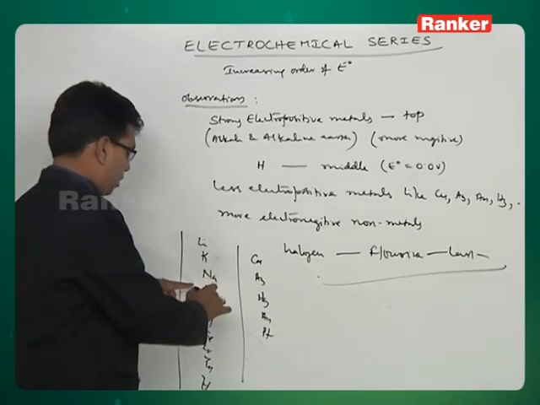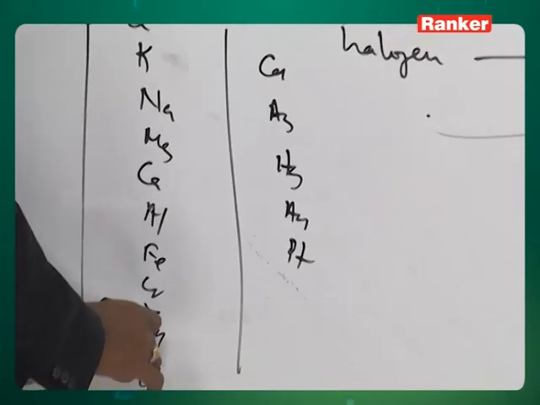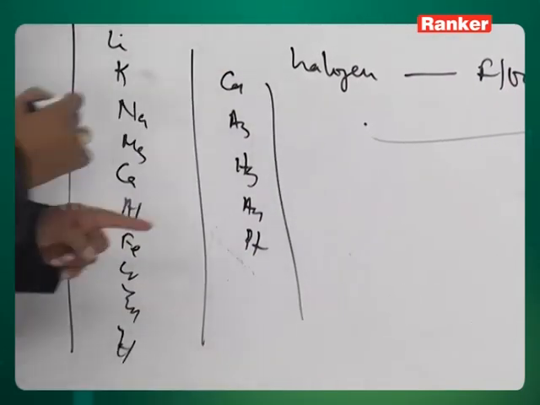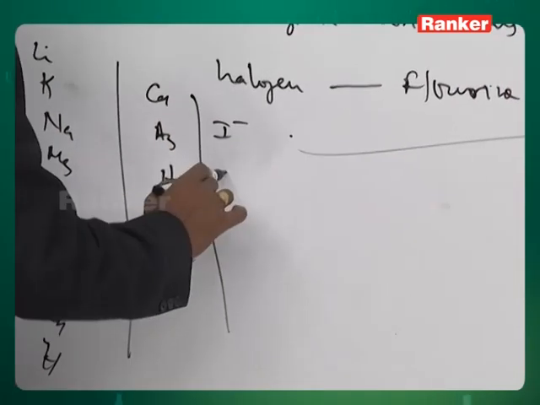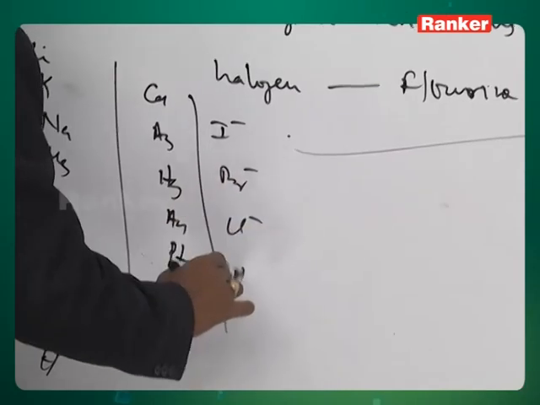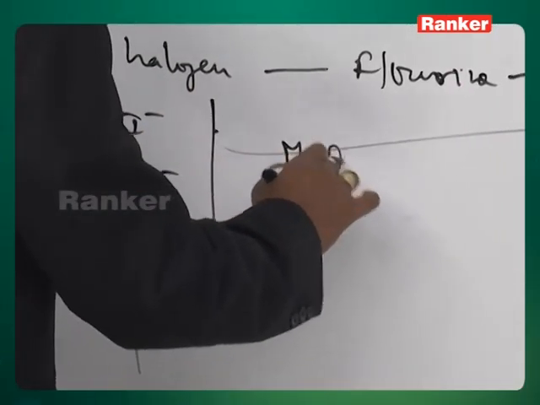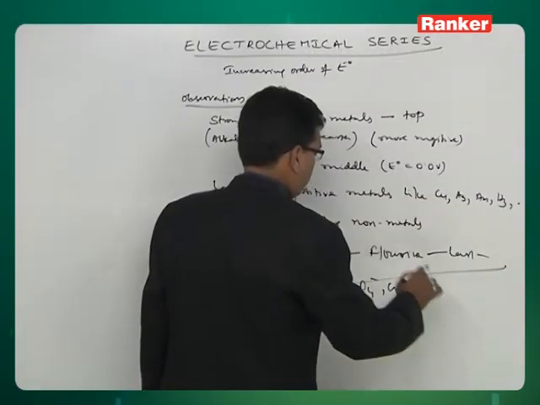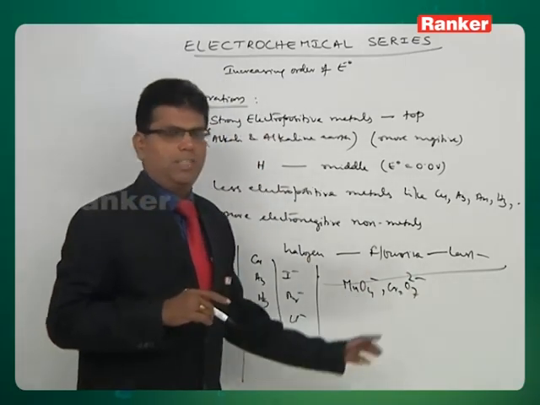Highly electropositive, then relatively less, moderate, low electropositive, then finally electronegative, iodide, bromide, chloride, fluoride, and in between we also have the oxidizing agents like permanganate, dichromate.